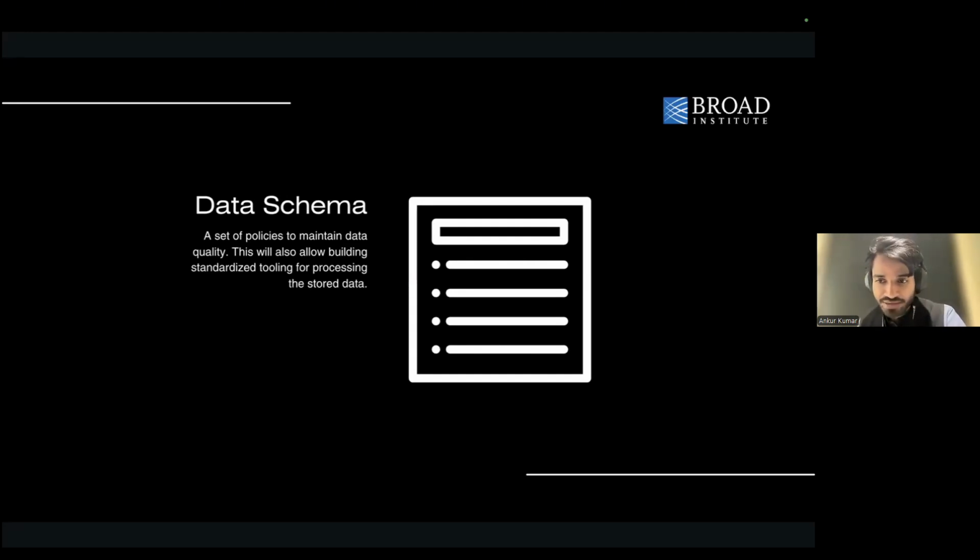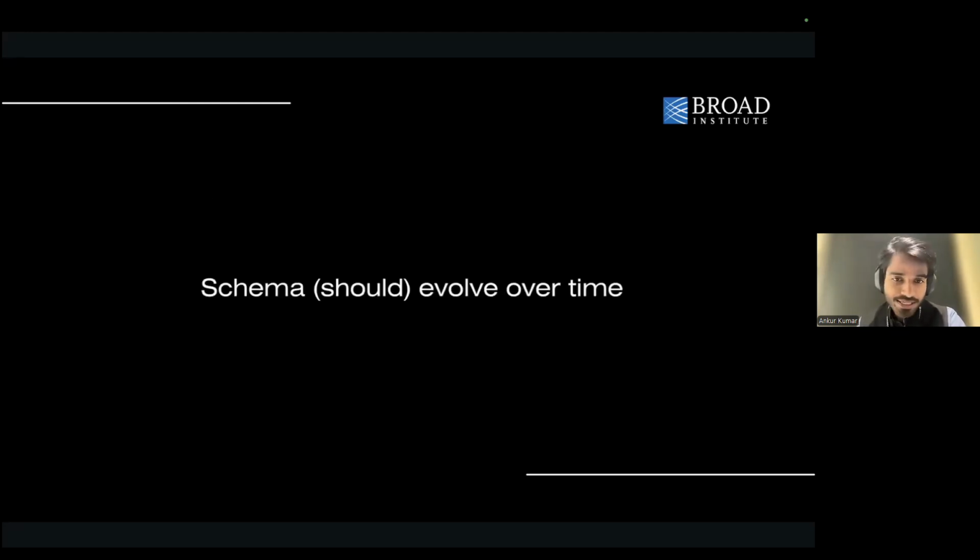But one thing to keep in mind whenever you start implementing a data schema is that the schema should evolve over time. The schema shouldn't be a static object that you once sat down and decided, this is what the data is going to look like, and then you never revisit it. You should have a cadence, for example, a 6-month or a year cadence, where you meet regularly again and again to specifically think about this.